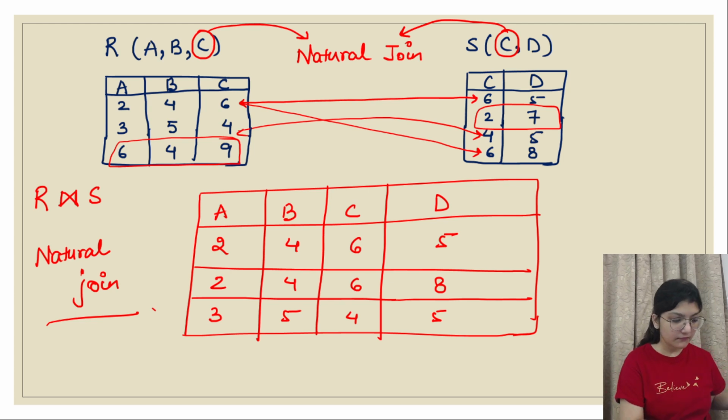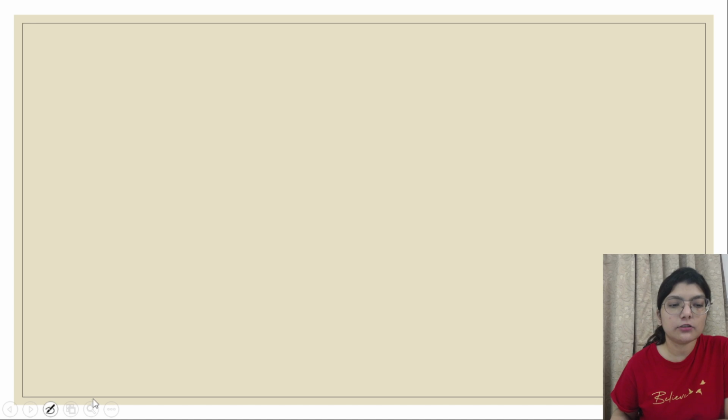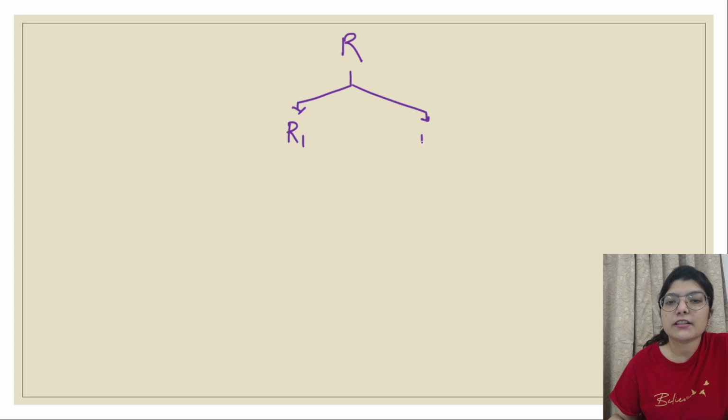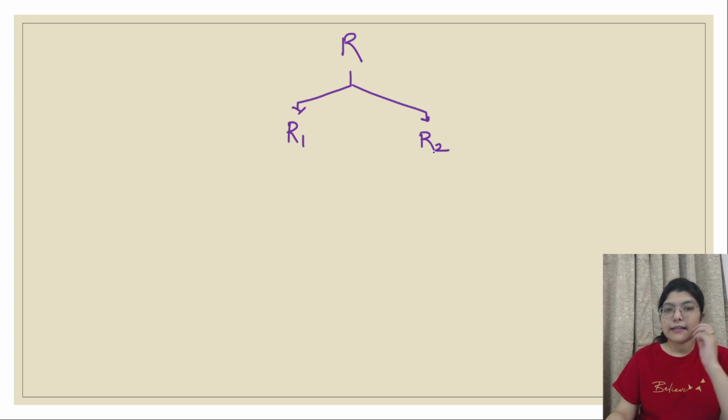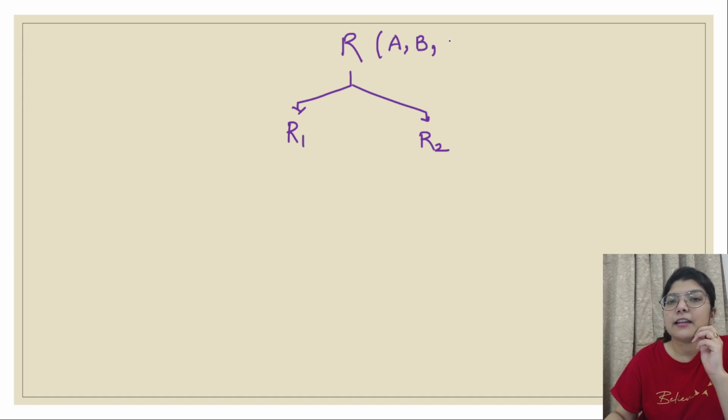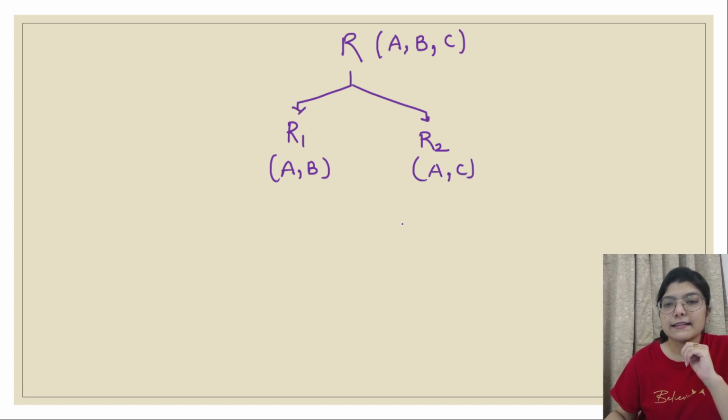Now, for lossless decomposition, there is a very important point. What is it? What you have to keep in mind when you deal with lossless decomposition. Suppose we have relation R, okay, and I have decomposed it into R1 and R2. Now, suppose R has the attributes, same case, let us say A, B and C. R1 is decomposed into A, B and R2 is decomposed into A, C, if this is the case.